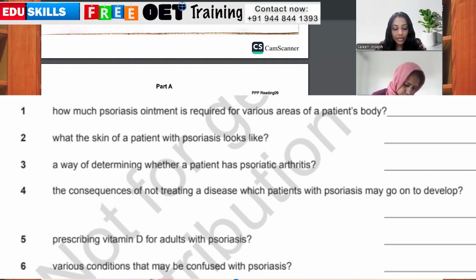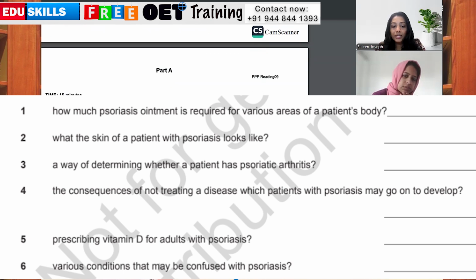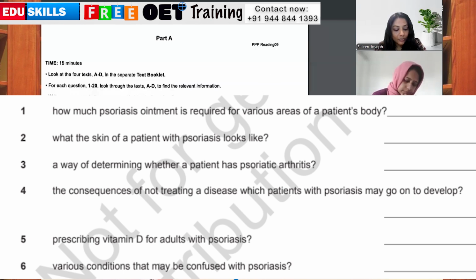A way of determining whether a patient has psoriatic arthritis. In which paragraph did we discuss psoriatic arthritis? C. Yes. Now, the consequences of not treating a disease which patients with psoriasis may go on to develop. That means if you are not treating the disease, what condition may develop?